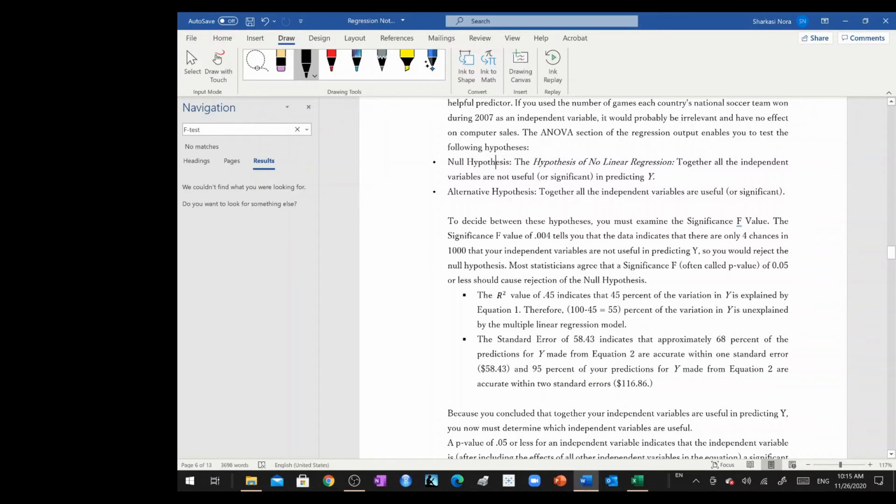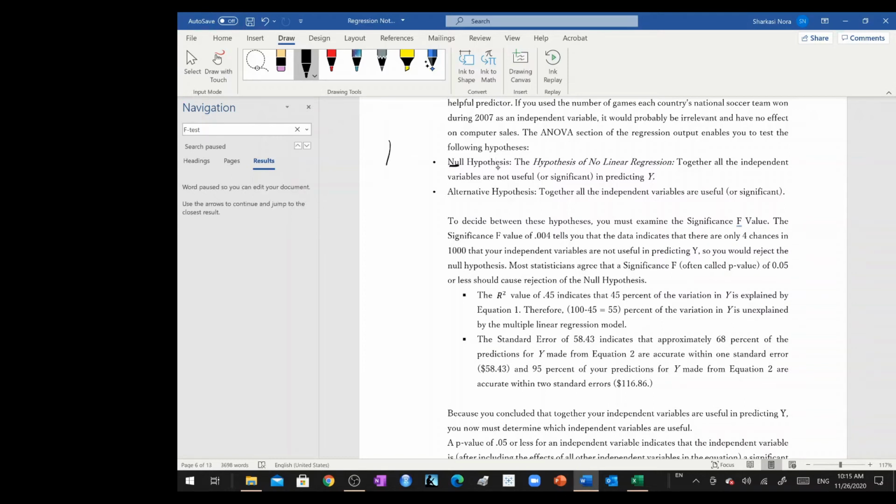Usually in research, a researcher writes his thesis in such a way that, let's imagine so that you understand it better and remember it better, he writes it as if he's saying, you know what, I'm going to go with your argument, there is no linear regression, all these independent variables together are no good, and I will show you with my analysis or with my techniques that this is wrong. So I want to refute it. It's like debate, yeah? Refute the null.